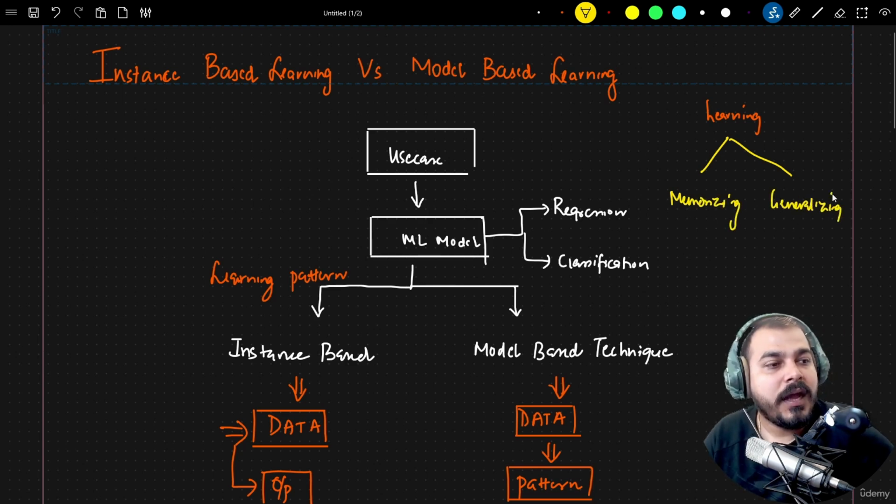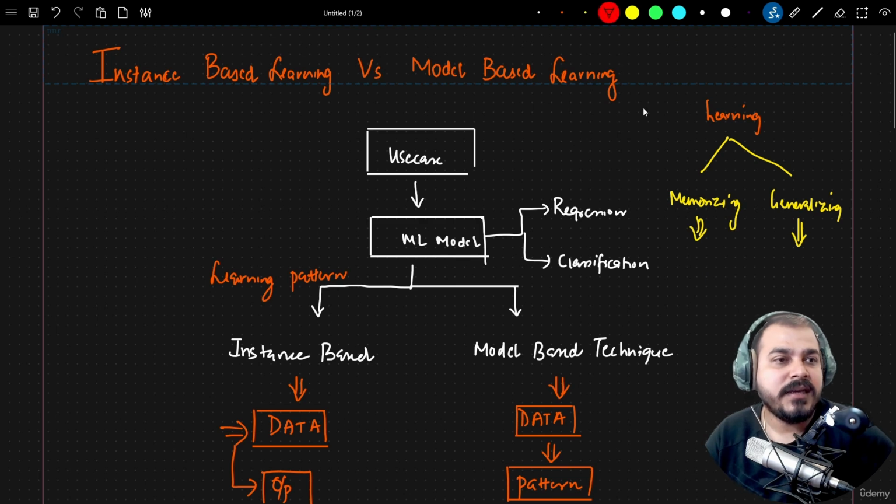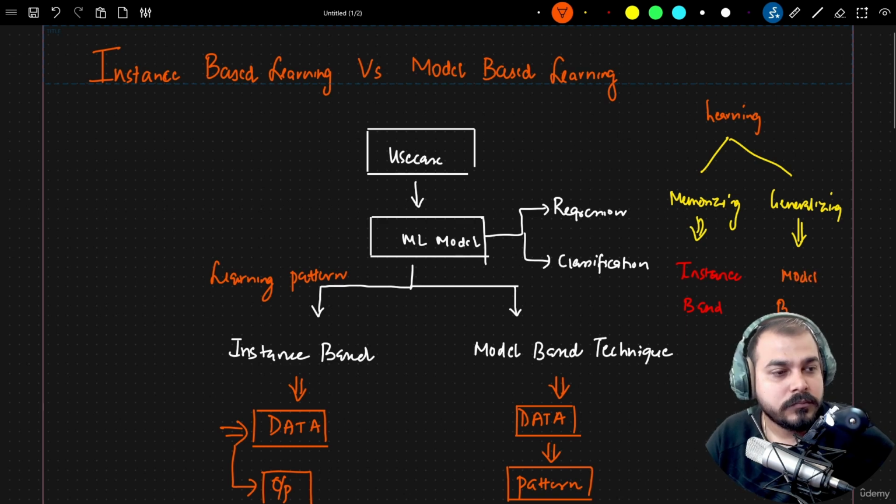Generalizing is a better way when compared to memorizing, but for some use cases we can use memorizing techniques. The memorizing technique is basically instance-based learning, and generalizing is basically the technique with respect to model-based learning. So these are the basic differences between memorizing and generalizing.